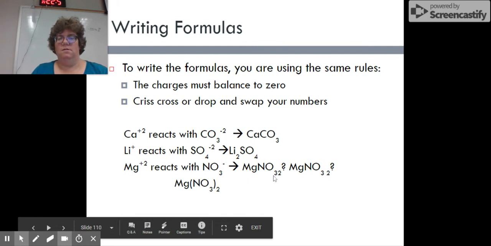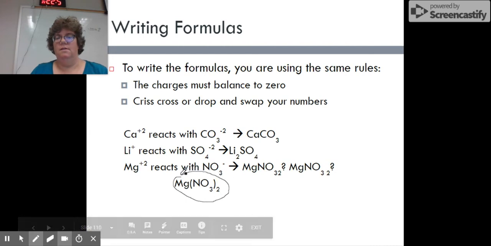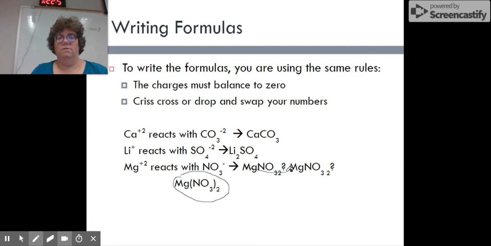That's what this crazy thing is supposed to be. But let's look down here at this. Ignore this right here. That's why we have the parentheses and that little 2. It means I have 2 nitrates. 1 magnesium with the +2 charge, 2 nitrates with the -1 charge.